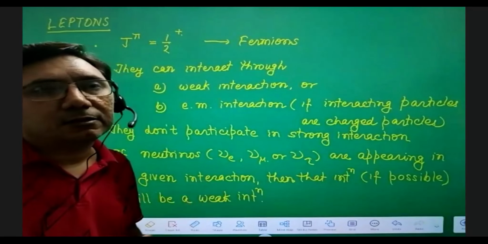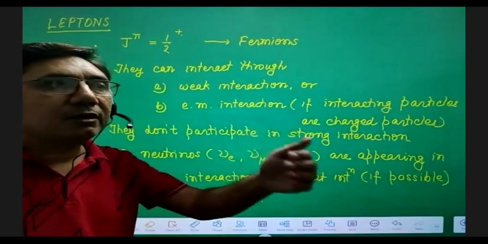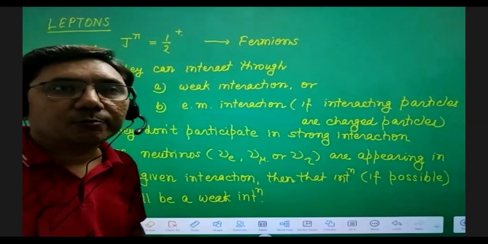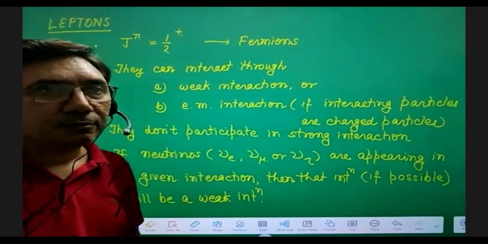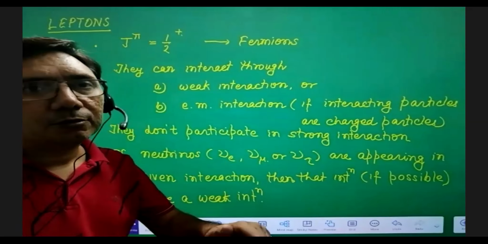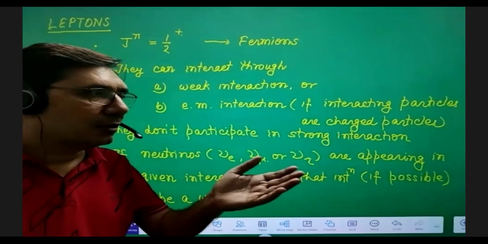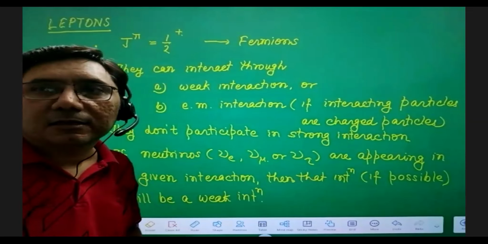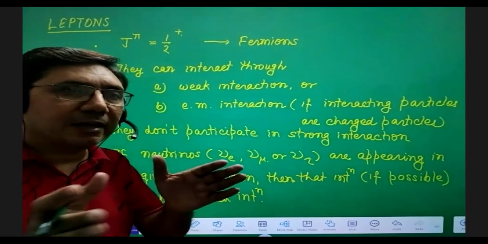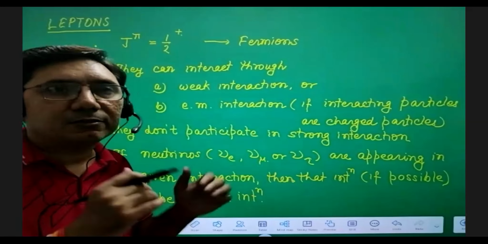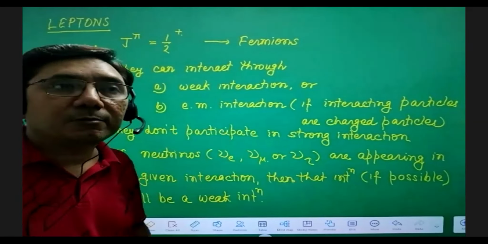That's why parity is not conserved. Parity for that interaction is not conserved, because the mirror image of that interaction will not be there in nature.